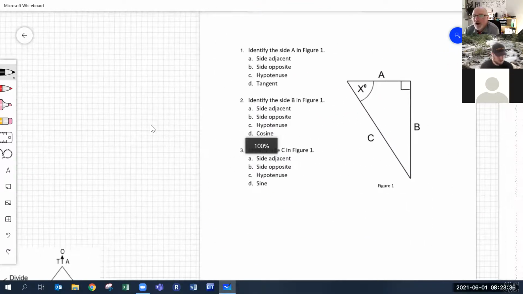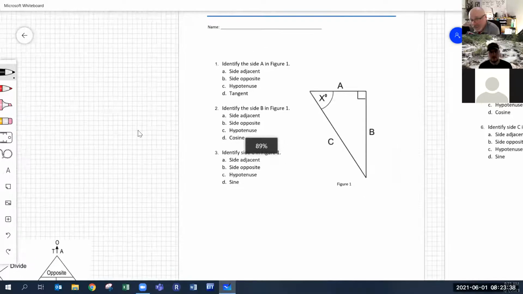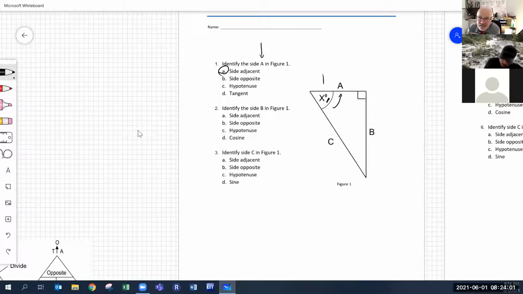So we want to just identify in here some of the terminology based upon this angle right at this point. So what is A in this triangle? Anybody see that? What do you got there? That's your adjacent. That is the side adjacent to the angle. That is correct.